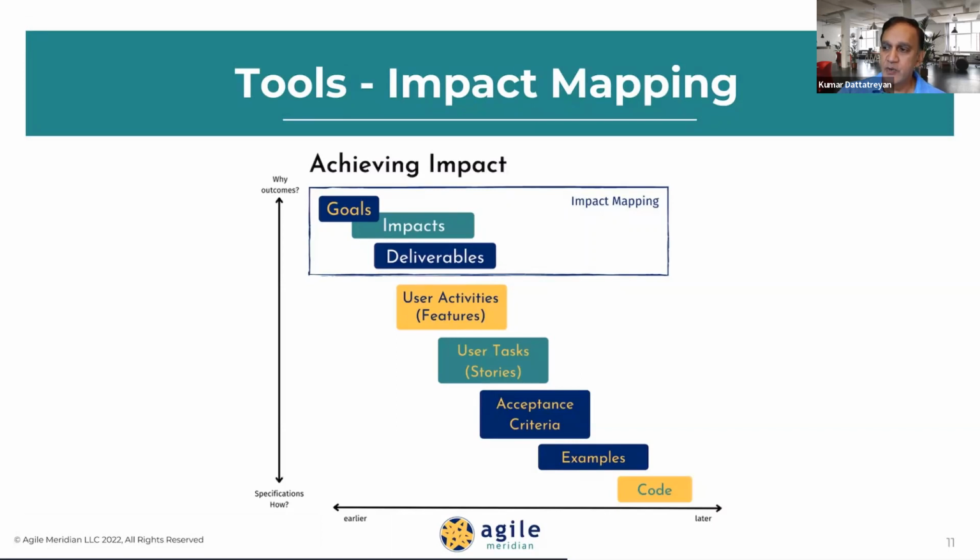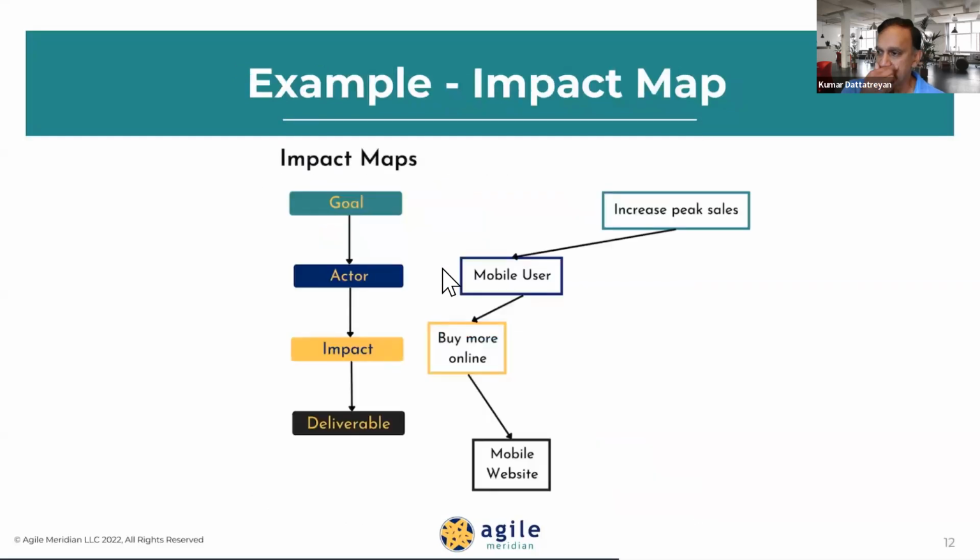Now, this works really well. And so we're focusing really up here on impact mapping. As an example, say the goal was to increase peak sales. Well, maybe one of the actors is a mobile user, that's the persona that you're capturing, someone that's on the go, they have their phone, and so on.